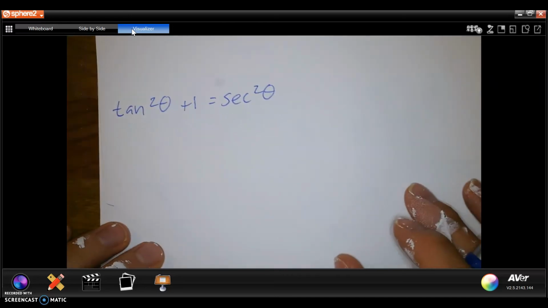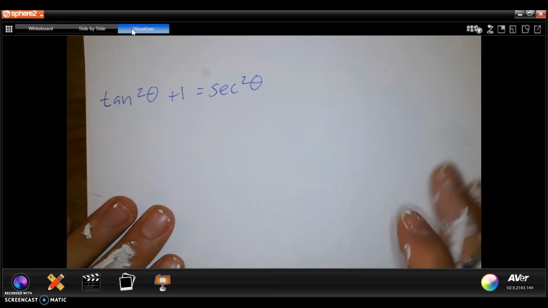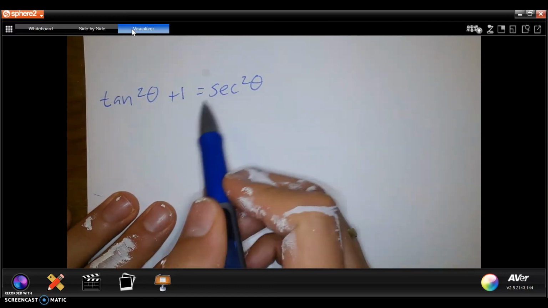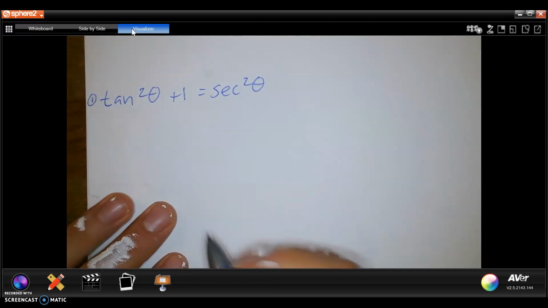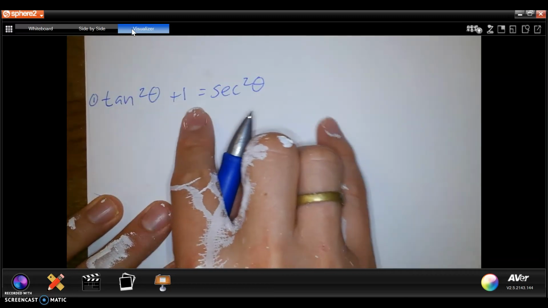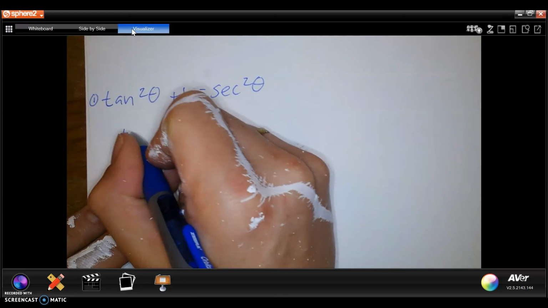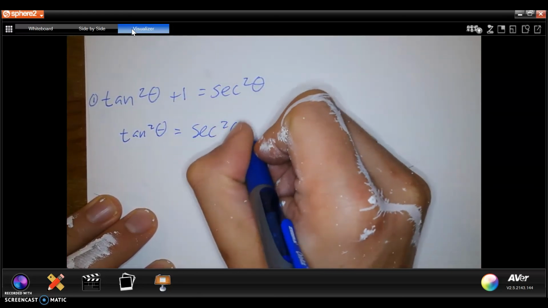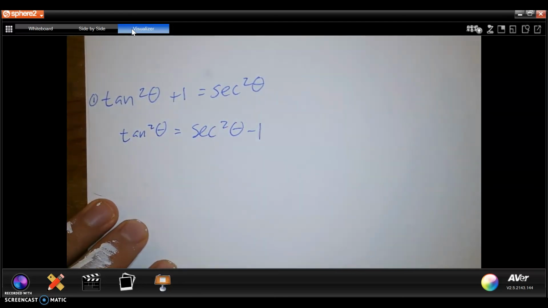And then our last one: tangent squared theta plus 1 equals secant squared theta. Again, we already have it written out for secant. We're going to solve for tangent in the next one. Very similar, we subtract this 1 from both sides. Boom, tangent squared theta is equal to secant squared theta minus 1.